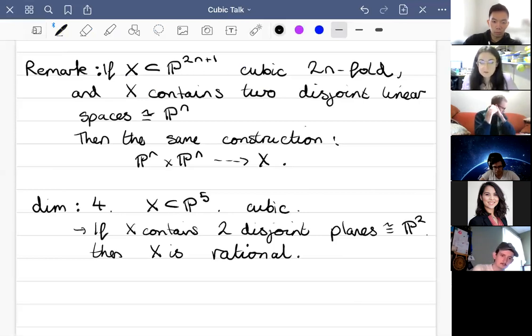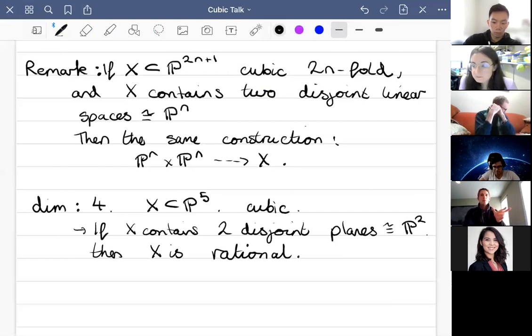Can I ask, does it have to be two copies of Pn? Can it be linear subspaces just of complementary dimensions, like a P1 and a P3? I think it does have to be the same dimension. I'm not sure why that is, though. I'm not sure what would go wrong.